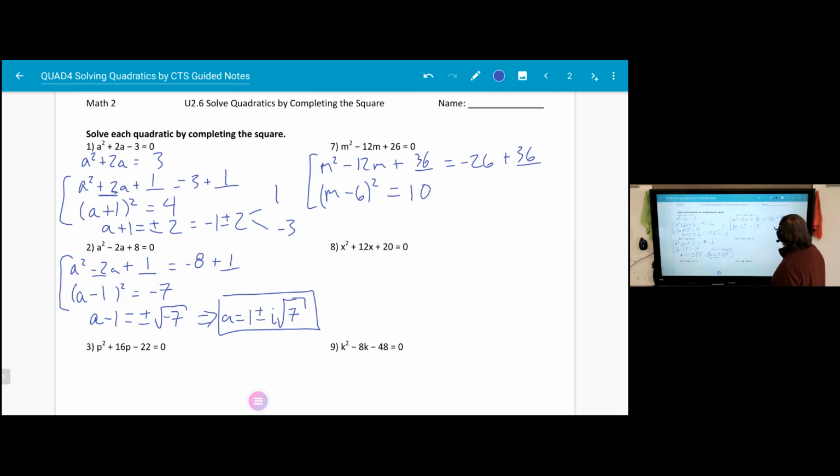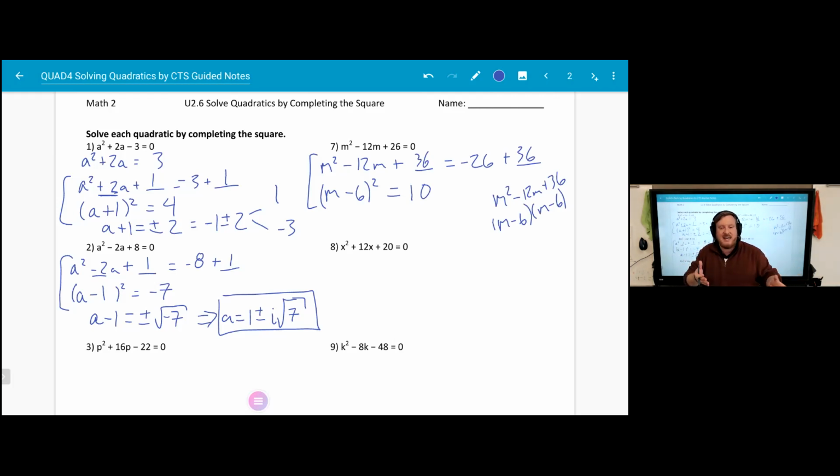Once again, m squared minus 12m plus 36: what multiplies to positive 36 and adds to negative 12? This ends up being m minus 6 times m minus 6. Something multiplied by itself is something squared, so m minus 6 times m minus 6 can be represented as m minus 6 squared.